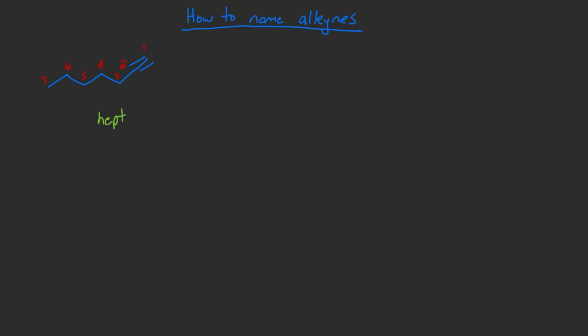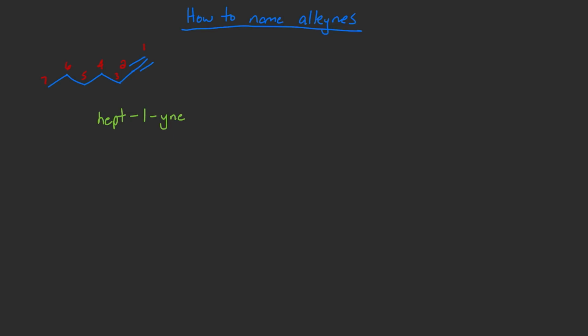And just like with the alkenes, we have to say where in the carbon chain our alkyne is. And so we're going to say hept-1-ine. And that denotes that our alkyne is at carbon 1 in a 7 carbon chain.